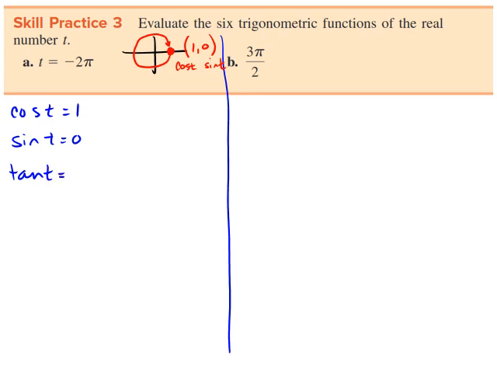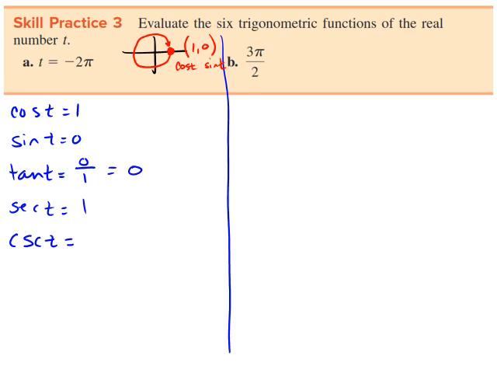Tangent of t, remember, is sine over cosine. This is okay. The result is 0. The reciprocal of cosine is secant, which is 1 over 1, which is just 1. Cosecant is the reciprocal of sine.